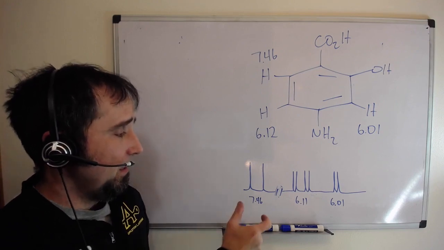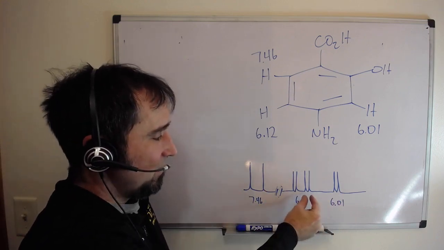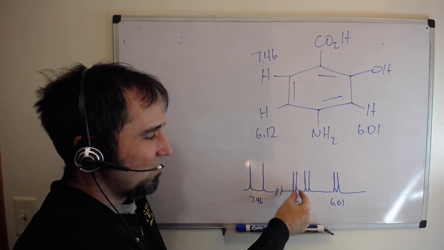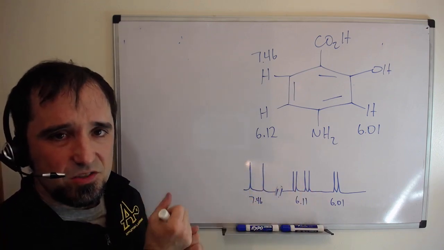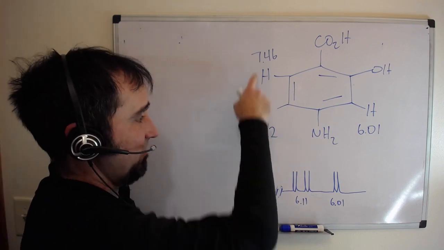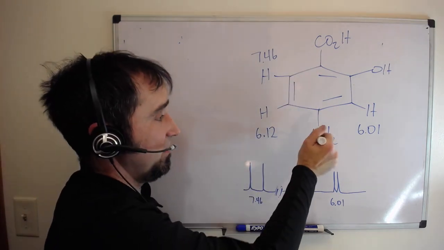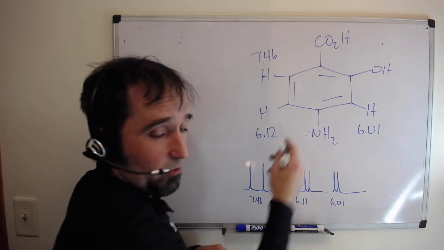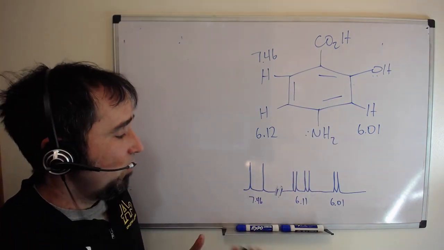There's a big doublet here, there's a little doublet here, and it looks to me like two doublets, or almost a doublet of doublets there. So why is this? And we'll talk about why this is at 7 and these are at 6 later on. It has to do with this being a withdrawing group and these two pushing electrons into the ring with their lone pair. But what's going on here?